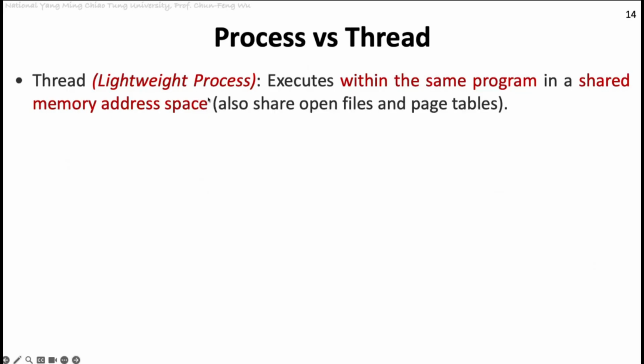For each thread, they share a page table with the process that created those threads, so they will not have their own page table. Each process has its own page table, but not threads, because threads share the page table with their parent process.